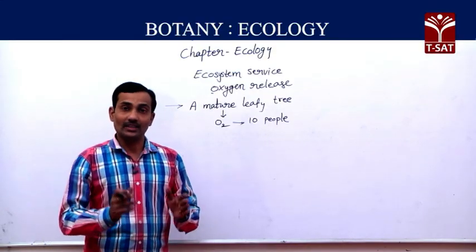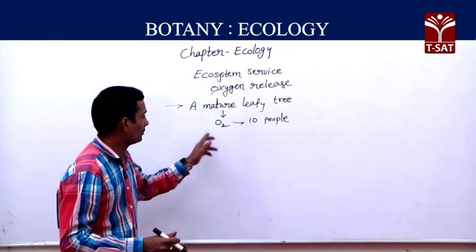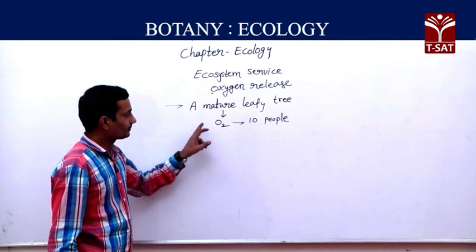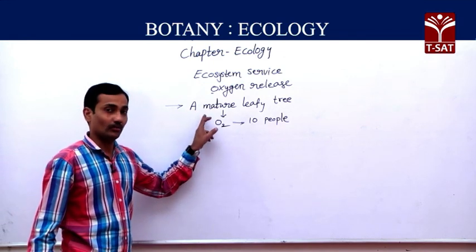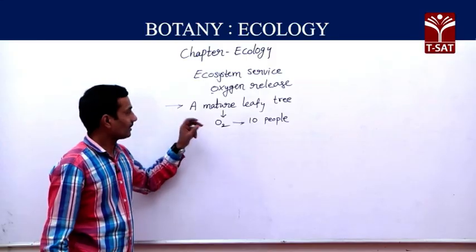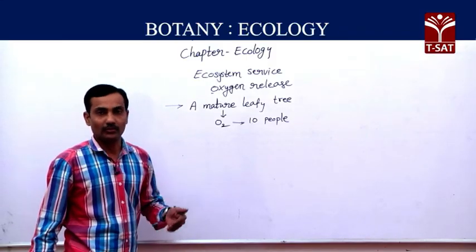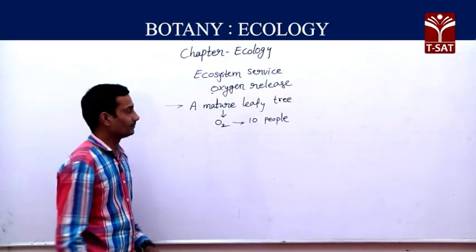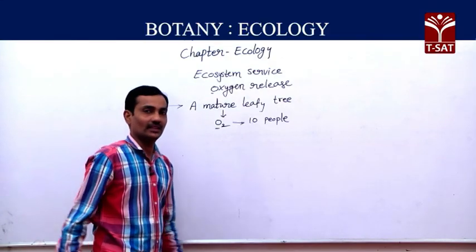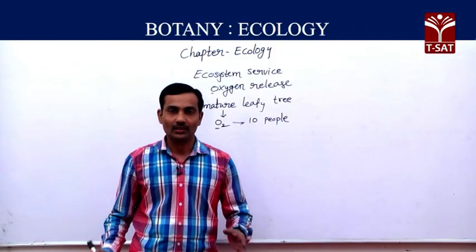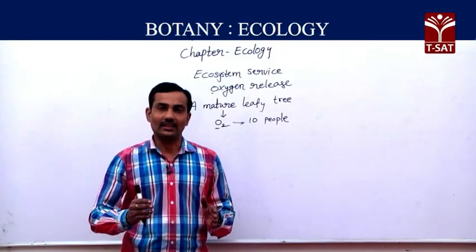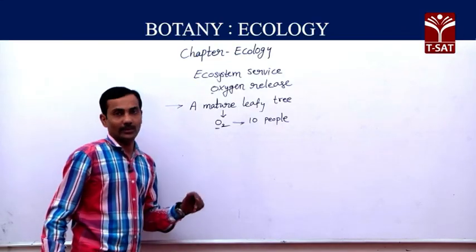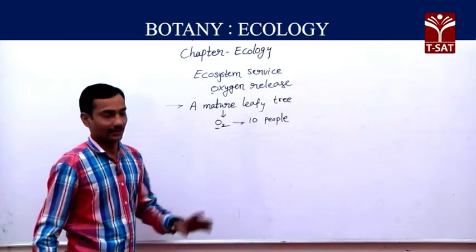So that much oxygen is produced by a mature big leafy tree performing photosynthesis. That oxygen is enough for the survival of 10 people for 1 year.